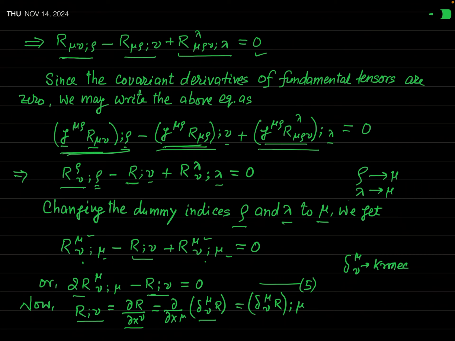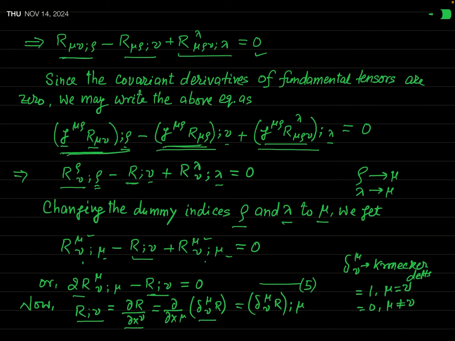What is the property of the Kronecker delta? It is equal to 1 if mu is equal to nu, and 0 if mu is not equal to nu.